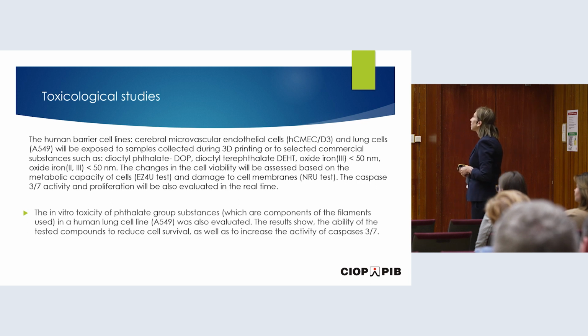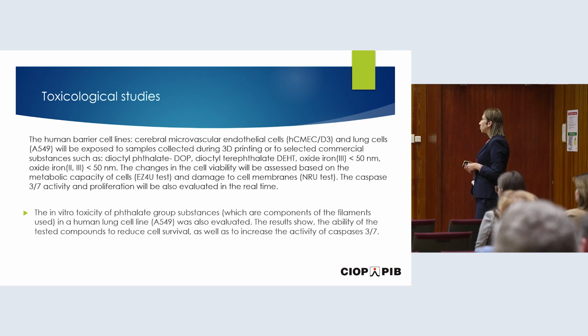And we are trying to use human barrier cell lines and lung cells that will be exposed to the samples collected during the 3D printing, but also to selected commercial substances. In the first phase, these were dioctyl phthalate and dioctyl terephthalate. Those two differ from each other because the terephthalate is an endocrine disruptive agent and DOP is not.